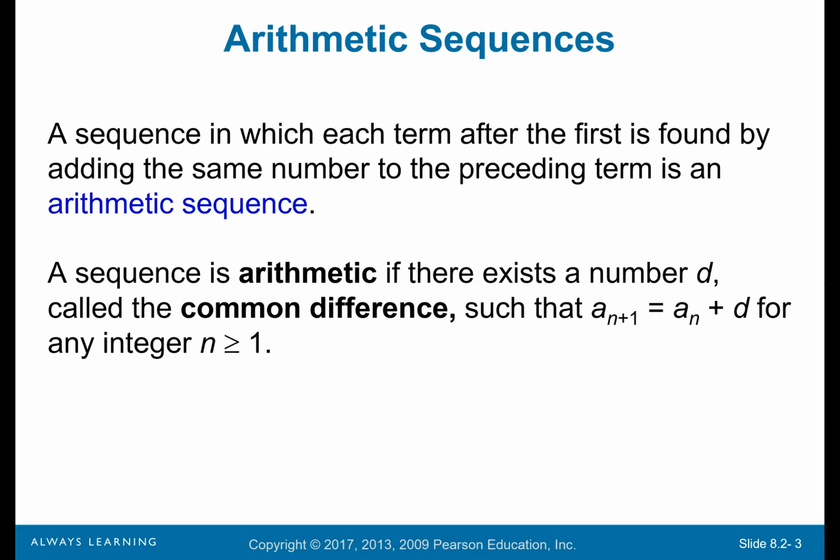So again, remember that n is the term. In a sequence, we wouldn't have a 0th term. We'd have a first term, a second term, a third term. The other thing to note is that these sequences can also be found by subtracting the same number, but you don't want to think subtraction, you want to think addition. So if the numbers are getting smaller, they're not subtracting, they're adding a negative. That means d is negative.